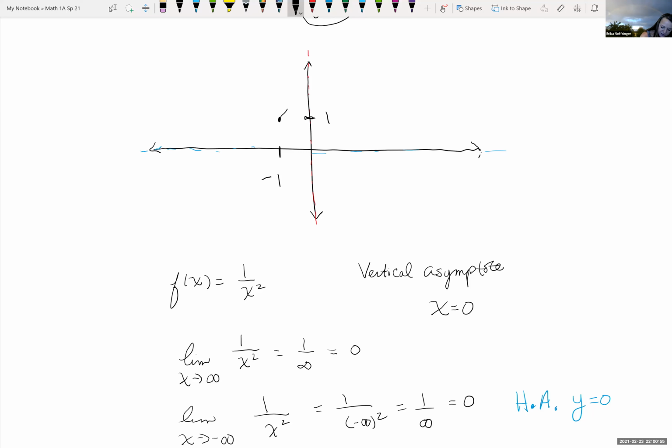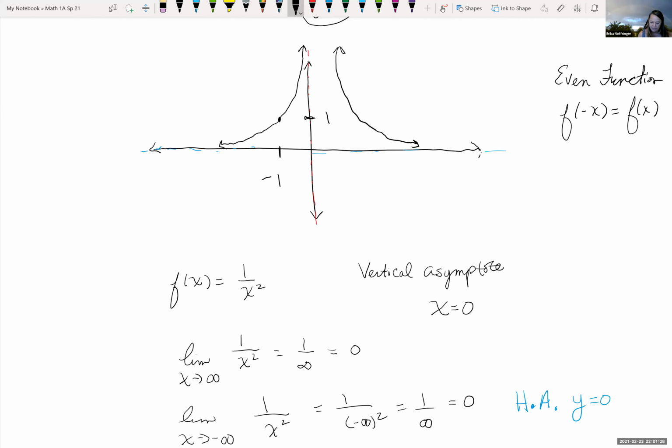I know my asymptote looks like this, and the graph looks like that on one side, and it's symmetrical. Just recall, even functions are where if you plug in -x, wherever you see an x, you get back the same y value as your original function f of x. My picture doesn't look symmetrical, but you can picture that being symmetrical.